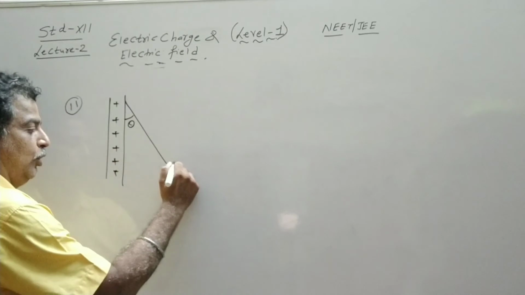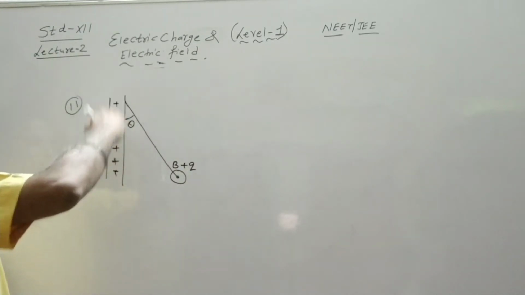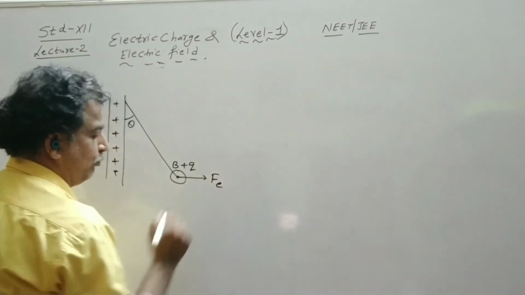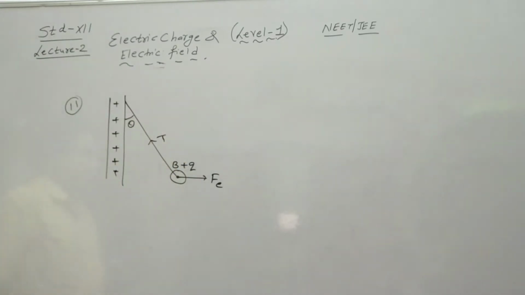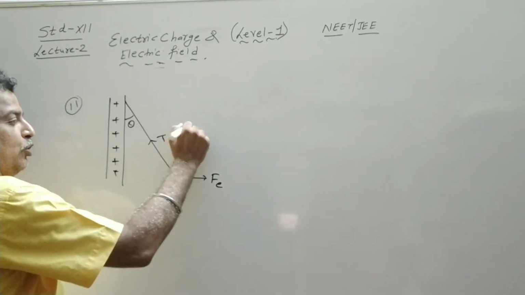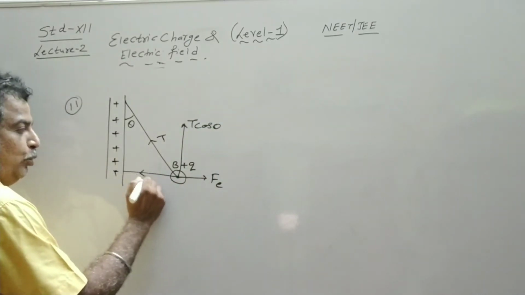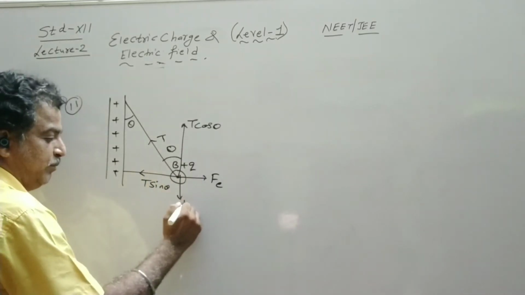Let the charge on this sphere be plus q. The plate is positively charged, the sphere is positively charged, so there is a repulsive force Fe. Again the tension comes into the picture. Again we draw the components, T cos theta like in the previous MCQ. This is T sin theta, this angle is theta, and this is mg.